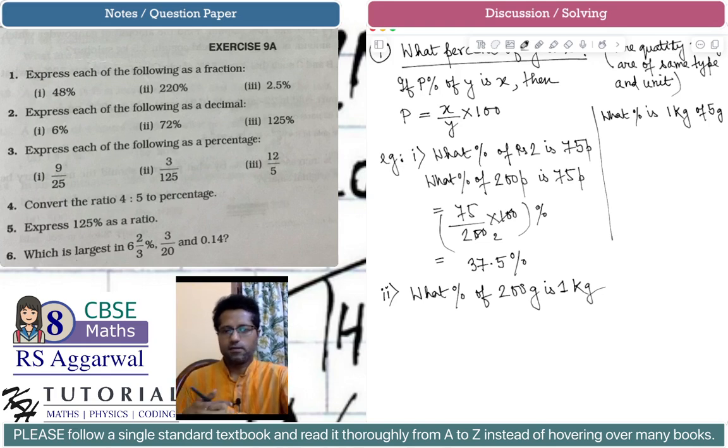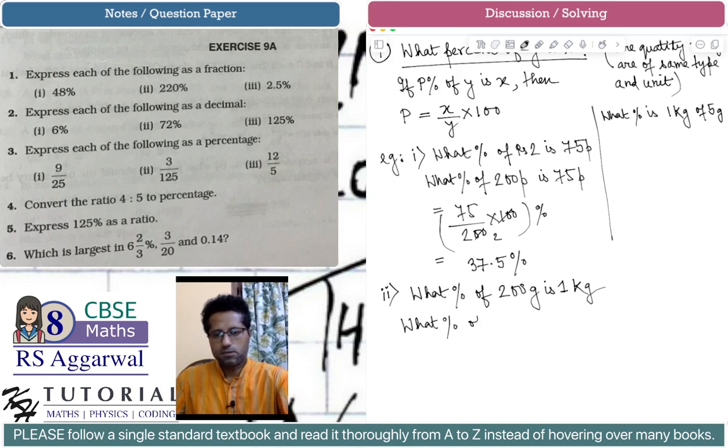Now we see that even though 200 gram and 1 kg are of the same type, that is weight, they are given in different units. 1 kg is in kg and 200 gram is in gram. So it's better we convert the kg into gram. So the question now is equivalent to what percentage of 200 gram is 1000 gram, since 1 kg is equivalent to 1000 gram.